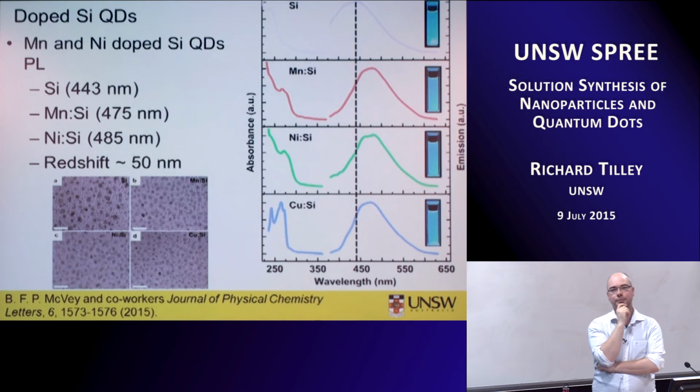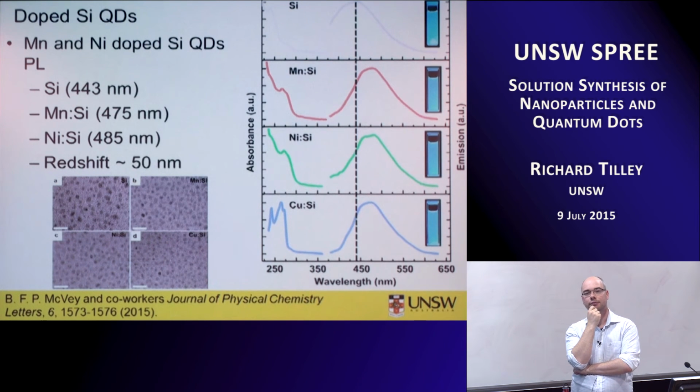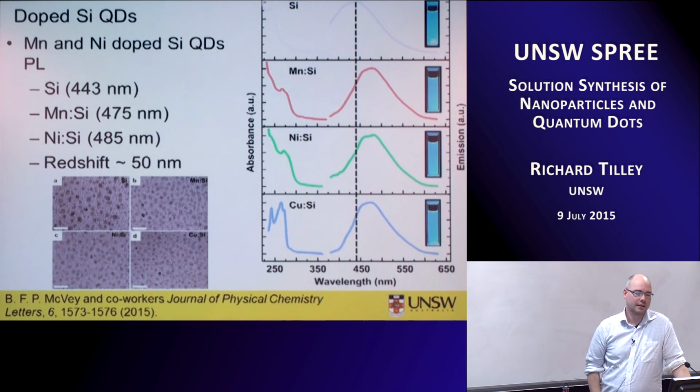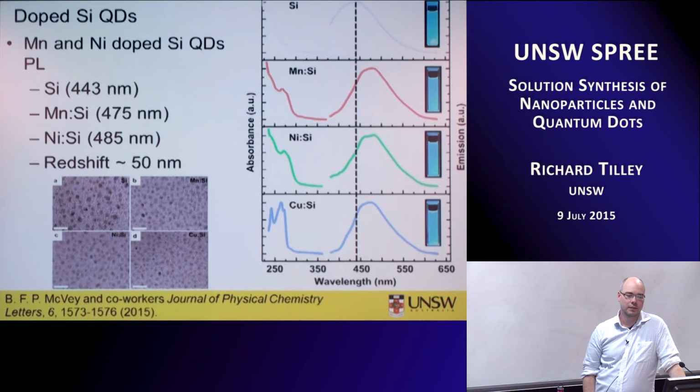Do you have any special information whether this dopant actually ends up on the lattice site or the interstitial? That's a very challenging question to answer, as you can imagine. I guess the main observation was that if we were doping with manganese and nickel, they didn't seem to be very stable.